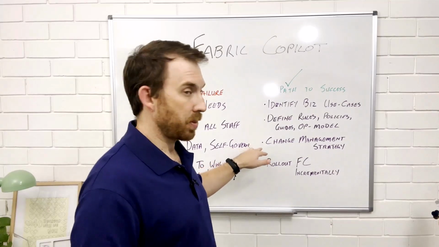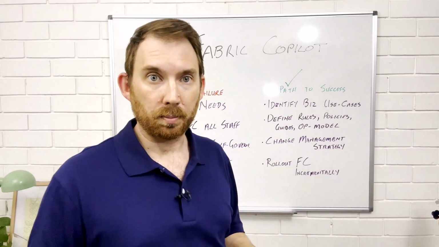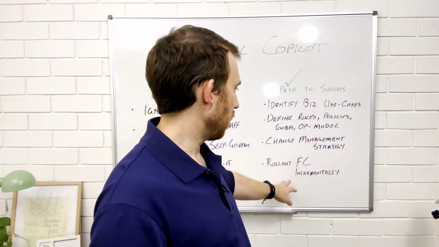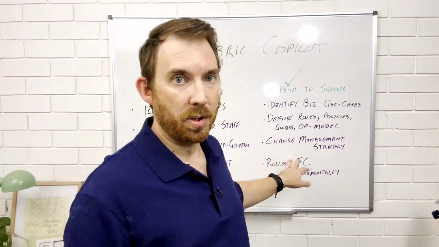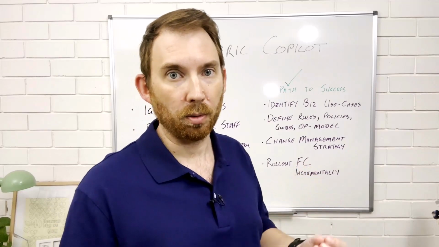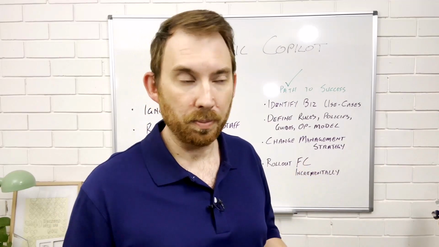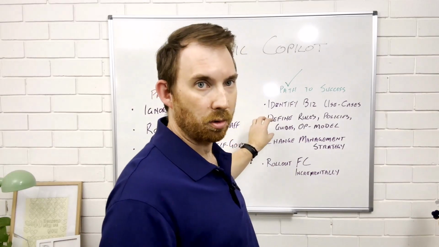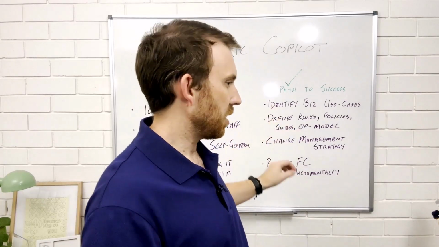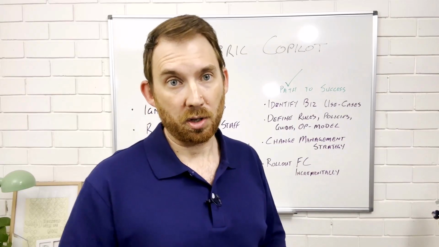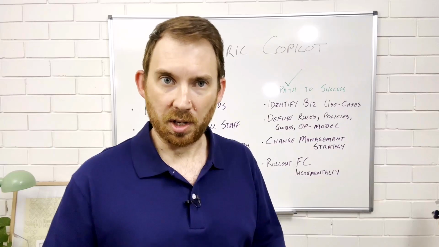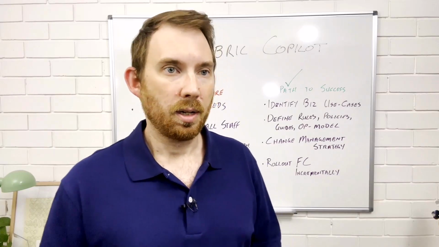Now, importantly, a change management strategy. This is really tied to rolling out Fabric Copilot incrementally, putting a change management strategy in place so you enable the right people with the right guides, policies, rules and guidance, and then do that in incremental bursts. So you can learn from mistakes, look for success, measure success, and look where things go right.